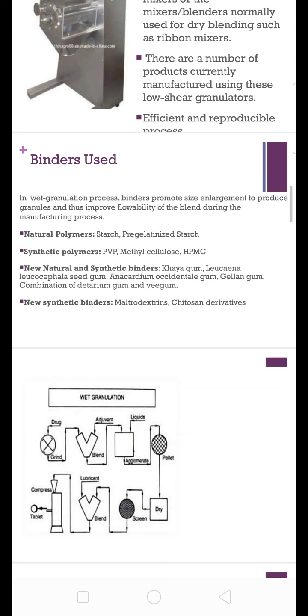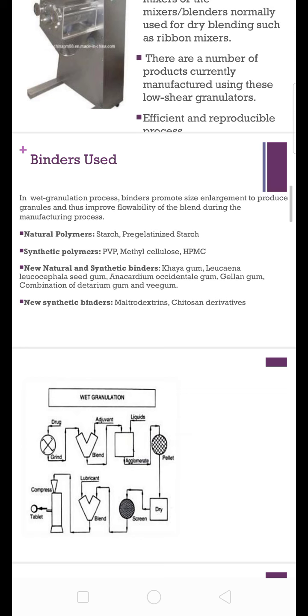Natural polymers we generally use are starch and pre-gelatinized starch. Synthetic polymers include PVP, polyvinyl pyrrolidone, methyl cellulose, and HPMC.